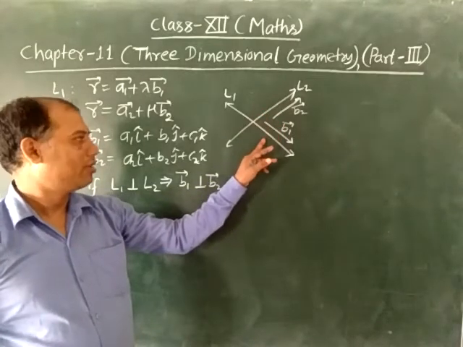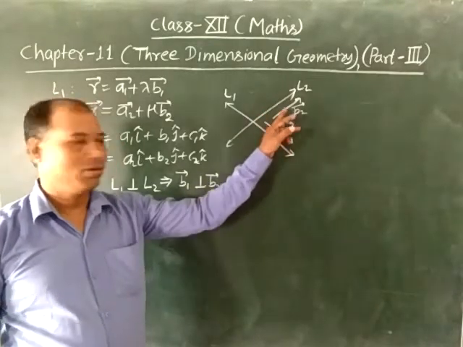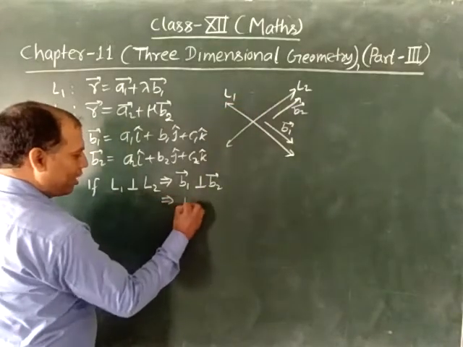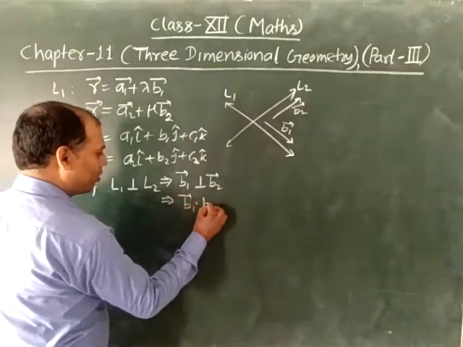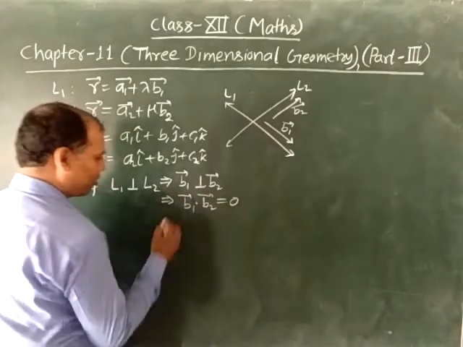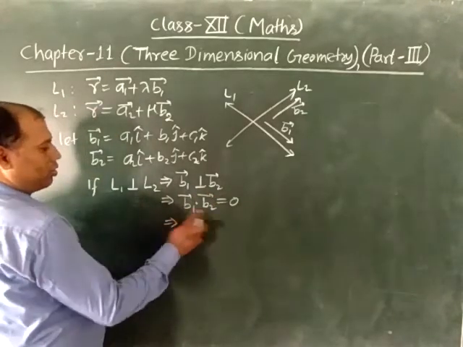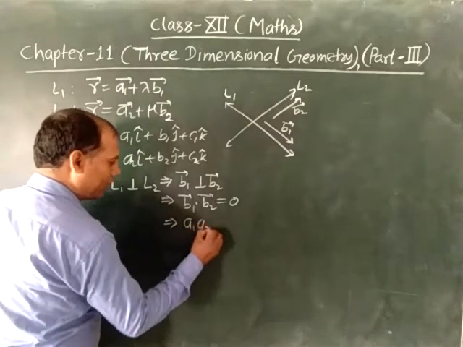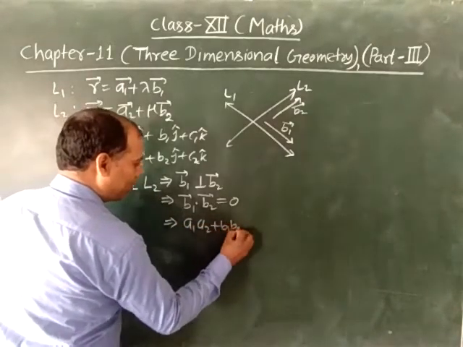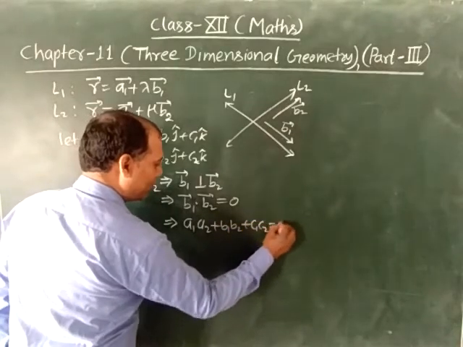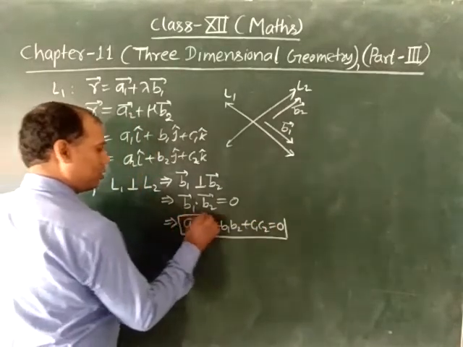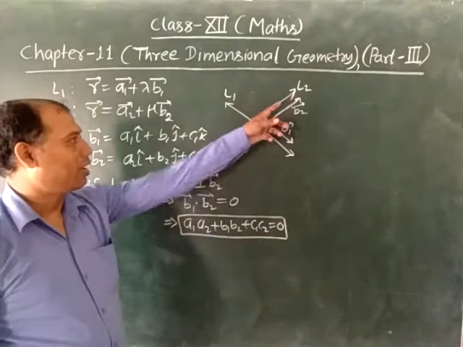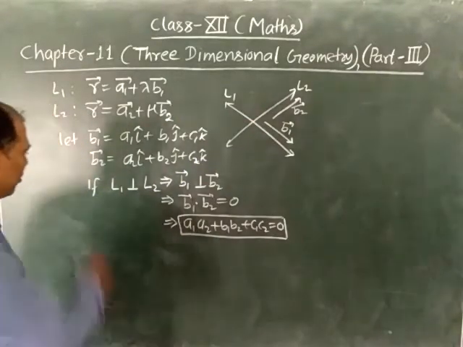So we can write vector b1 dot vector b2 equal to 0. Now the dot product of these two vectors will be a1 a2 plus b1 b2 plus c1 c2 equal to 0. This is the condition for perpendicularity of two lines L1 and L2.